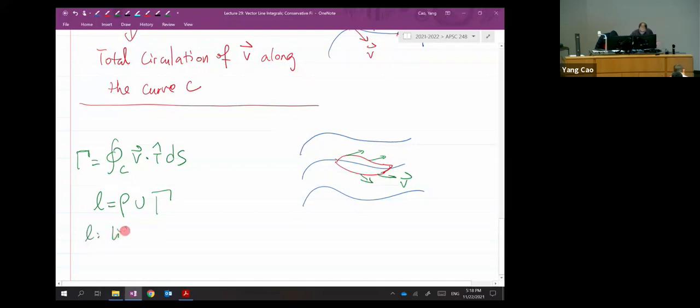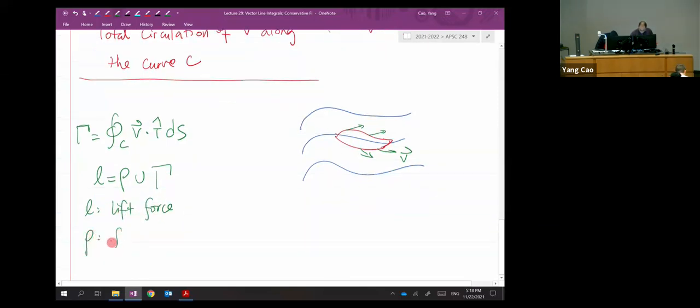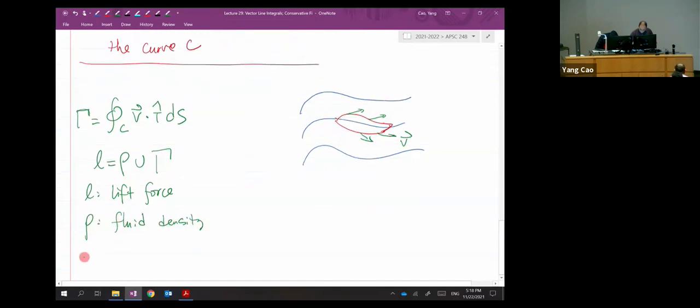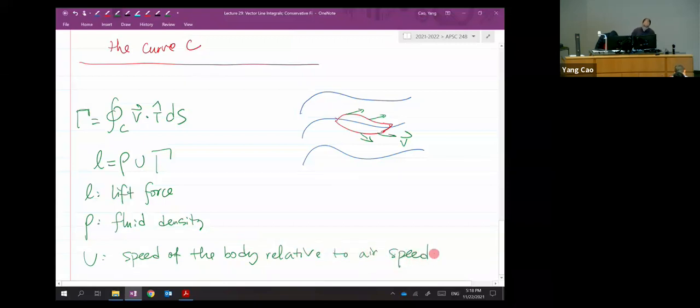Rho here is the fluid density, and the capital U is the speed of the body relative to air speed. So that's a simple application of this vector line integral.